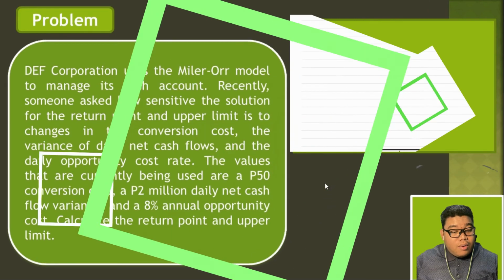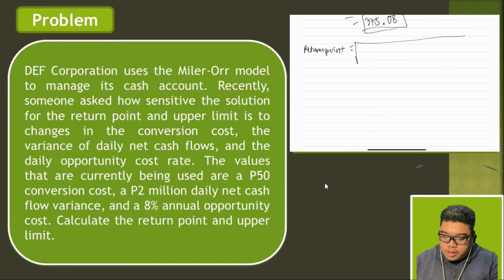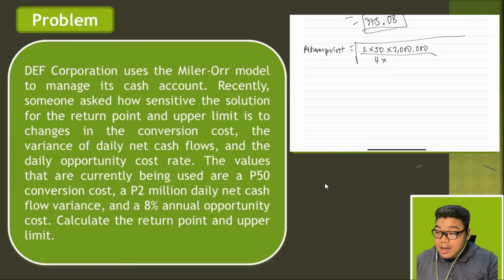So in here, what we will do is we will compute using the formula. So let's have the return point, which is the square root of 2 multiplied by the cost per transaction, here actually 50 pesos, the conversion cost, multiplied by the variance of daily net cash flow, which is 2 million, then divided by 4 multiplied by the daily opportunity cost.